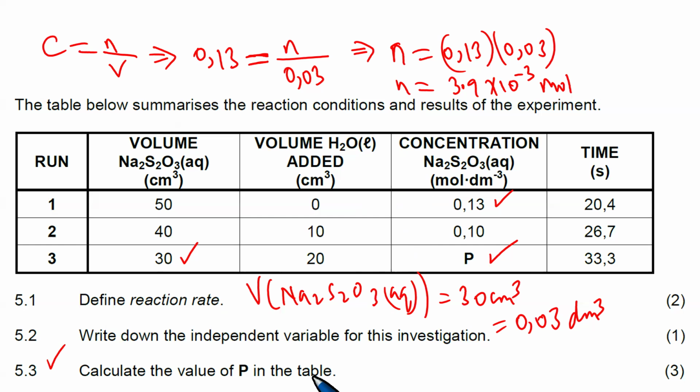Because we're interested in the concentration at P. Now, the concentration P has volume 30 cubic centimeters. Right, and so okay, think about this.